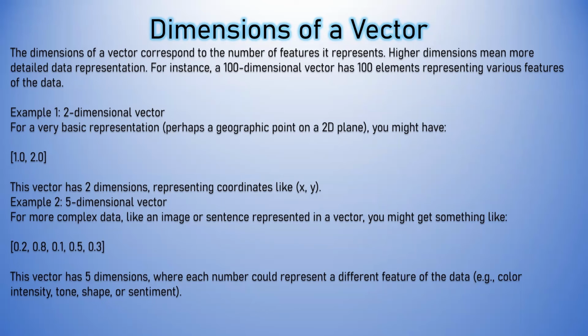So this is where 5 dimensions or n number of dimensions appear. As we discussed, it could be color, intensity, tone, shape, sentiment, or even something else. So now we have clearly understood that dimensions are nothing but the number of items inside your list, and a vector is nothing but a list of numbers. From a generative AI perspective, this is well enough to start the next level.